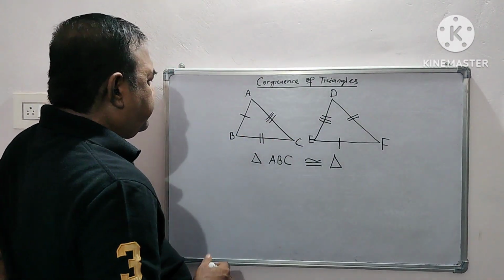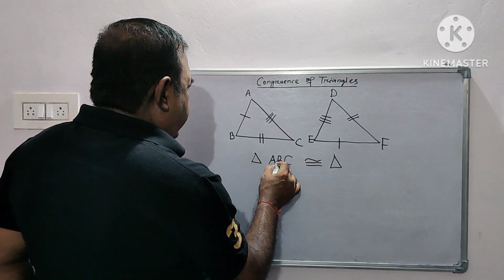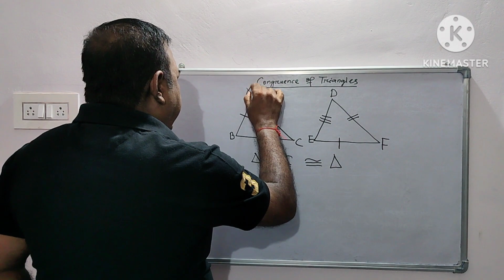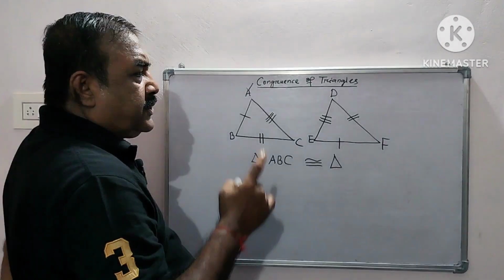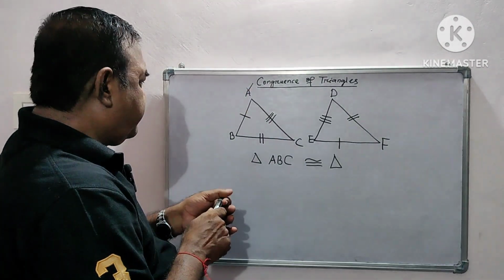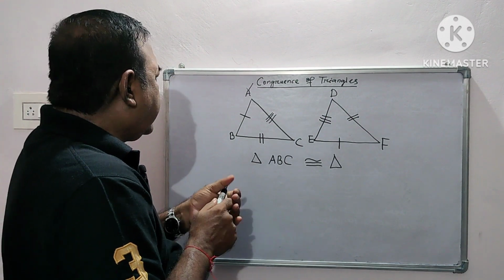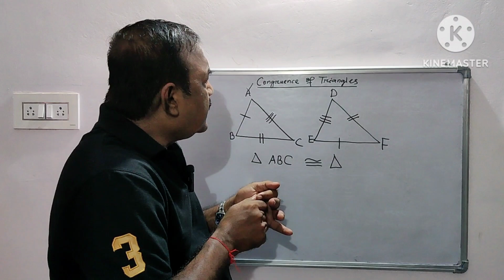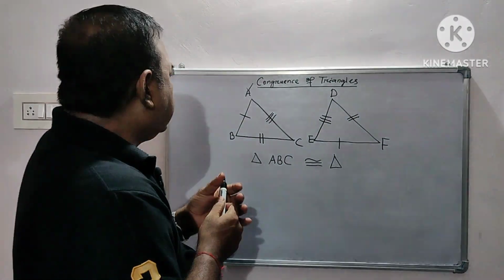You see A, B, C. Then you see this A matches to which point? The vertex A should match to which vertex of the second triangle?